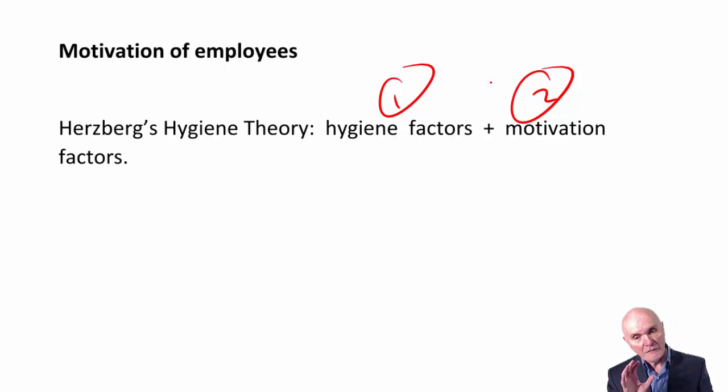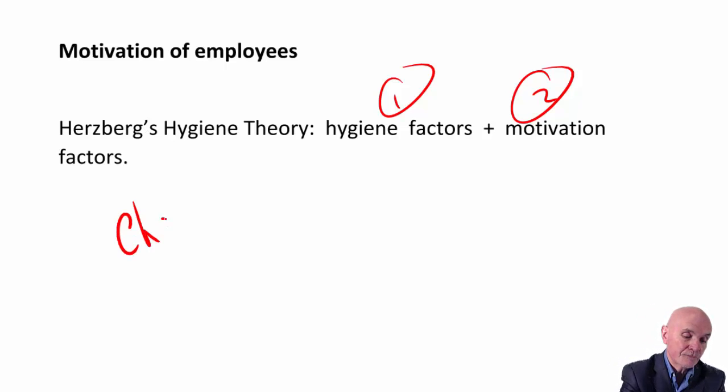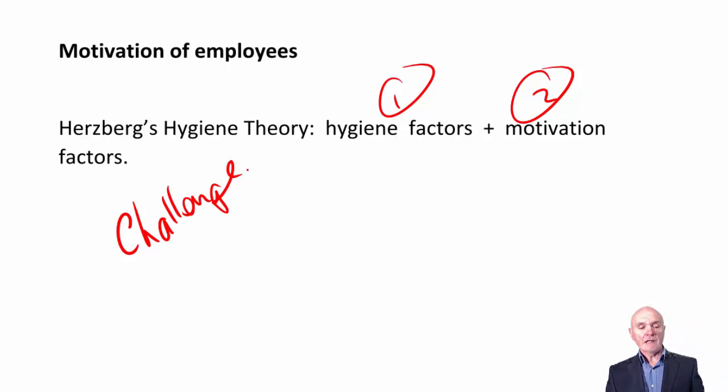And then on top of that, once you've got those right, you can have motivation factors. The motivation factors that most theories of motivation talk about are things like challenge. You're given not just a routine task, but a task that makes you think a little bit, which is quite fun, therefore, to be thinking about. That you are given recognition.